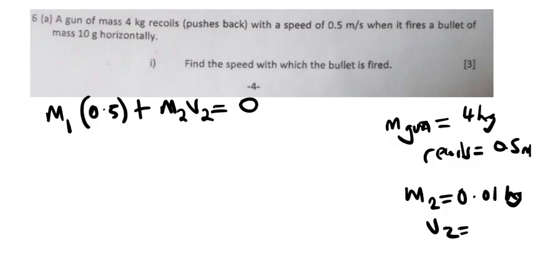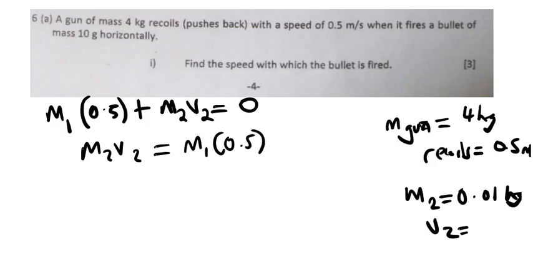I don't want my negatives. So I'm going to have m2 v2 equals m1 times 0.5.